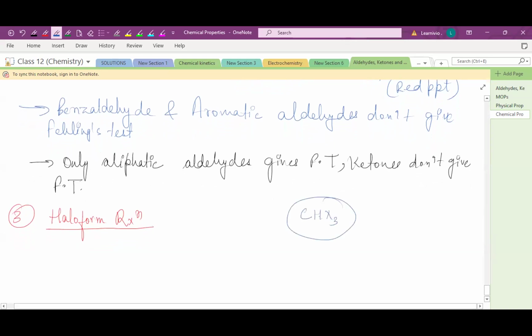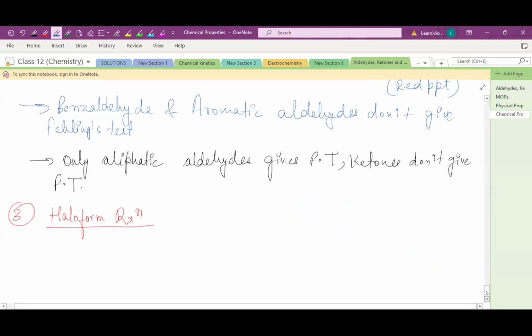When three halogens are attached to this carbon, it is known as haloform, just like chloroform, CHCl3, or iodoform, CHI3. So haloform reactions are those reactions in which a haloform is formed.